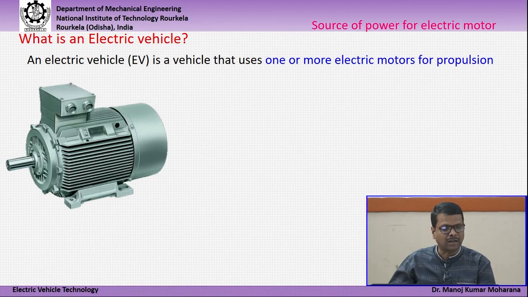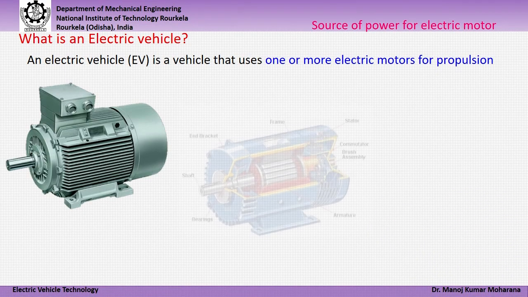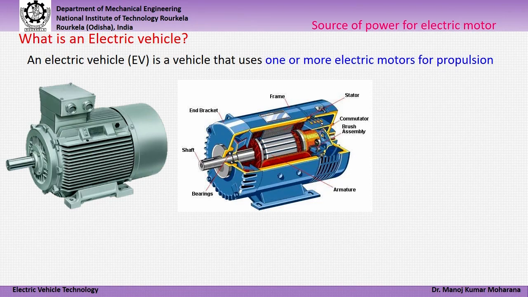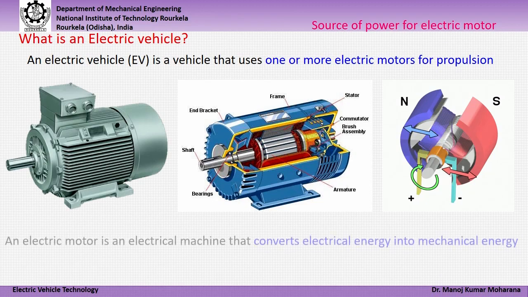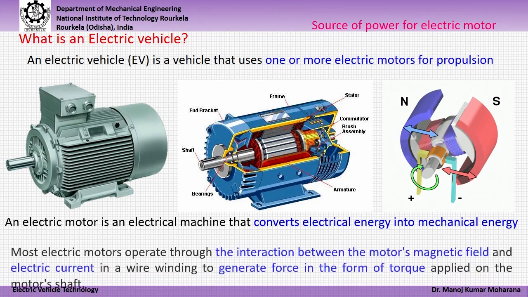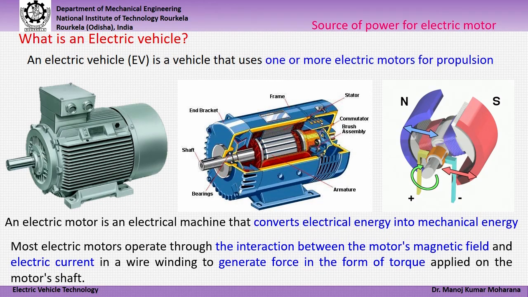Here you see the photograph of a conventional electric motor, and here you see the cut section of an electric motor showing different parts of the motor. From our high school knowledge, we have already learned that a motor is a very simple device that basically converts electrical energy into mechanical energy, where when you supply a current through the coil of the motor, the coil starts rotating between north and south magnetic poles.